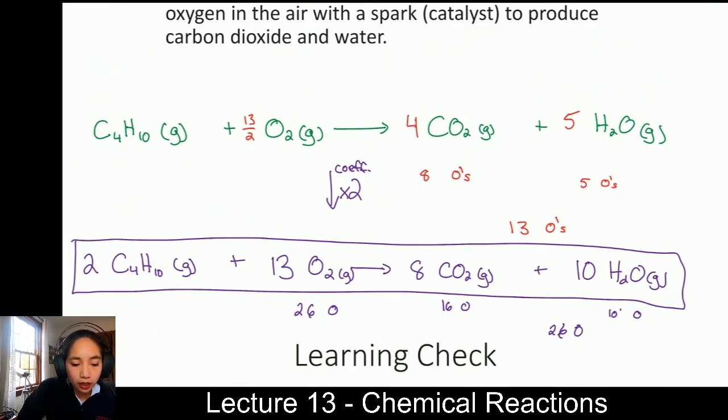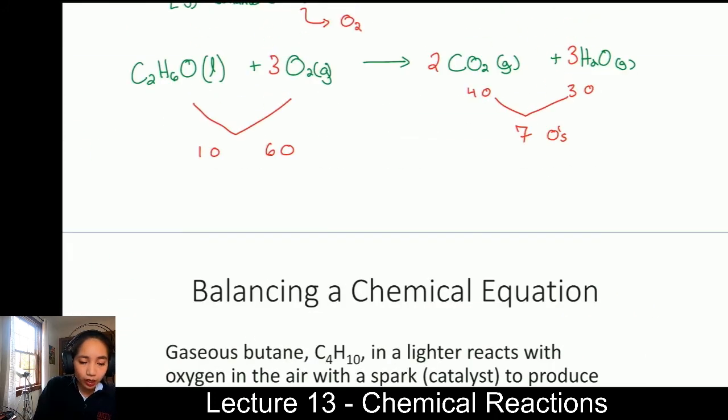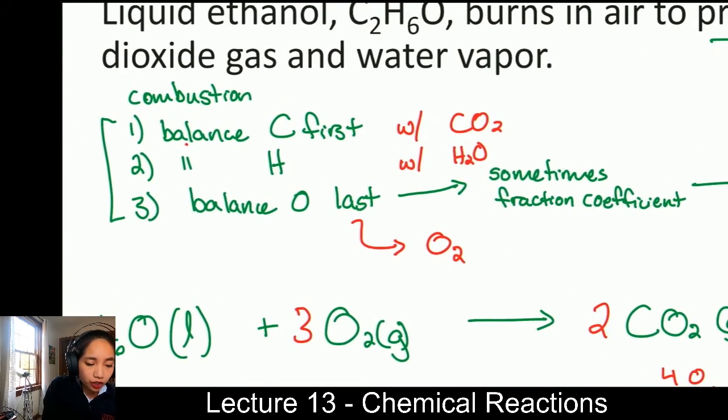So in this example, at the very end, we see that we got a fraction coefficient in front of oxygen, but that's okay. If we just multiply all the coefficients by 2, we can get rid of that fraction. But again, if you just follow the same steps that I outlined up here for combustion reactions, always balance the carbons first using CO2, then balance the hydrogens by putting a coefficient in front of water, and then balance your oxygens last by putting a coefficient in front of O2.